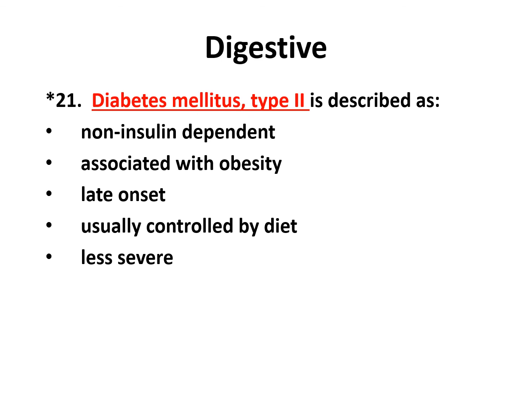Okay, diabetes mellitus type 2 is usually described as non-insulin dependent. Now, back in the day when I was a lab tech and I worked in the hospital, we usually referred to this as adult onset diabetes. Because typically what happened was we saw this where, maybe as people got older, their diet was not good, and as they aged, they didn't exercise as much.